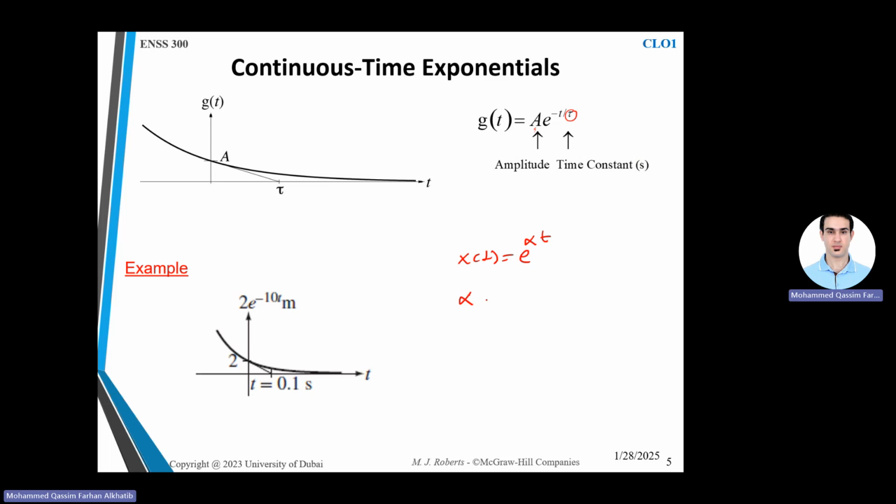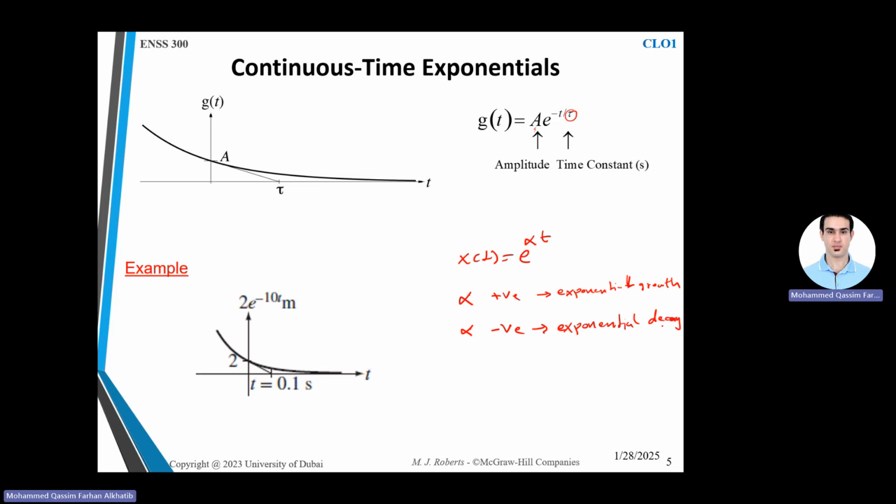Now if alpha is positive, we call it exponential growth. If alpha is negative, what's the opposite of growth? Exponential decay.